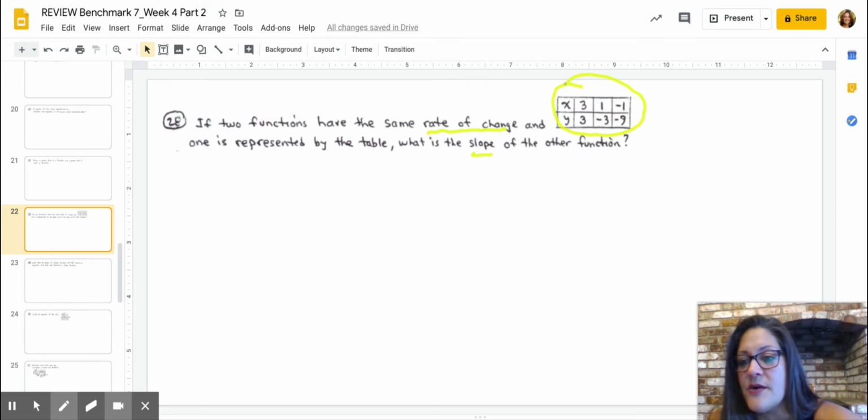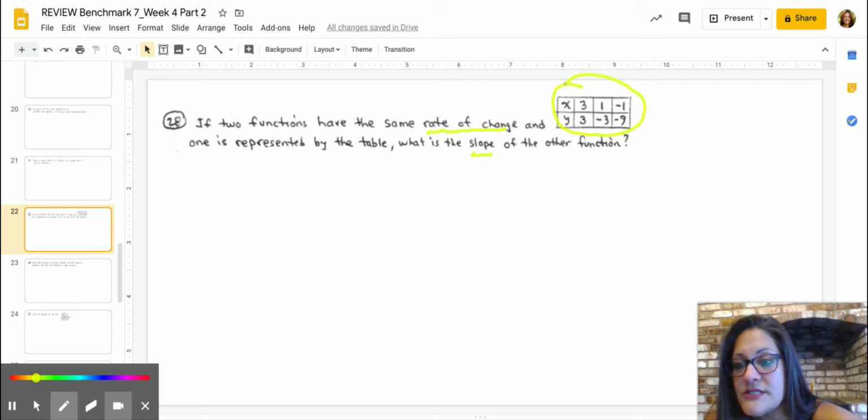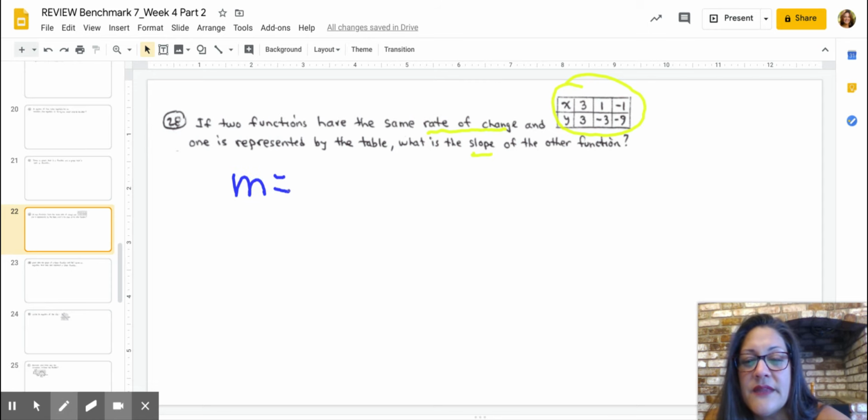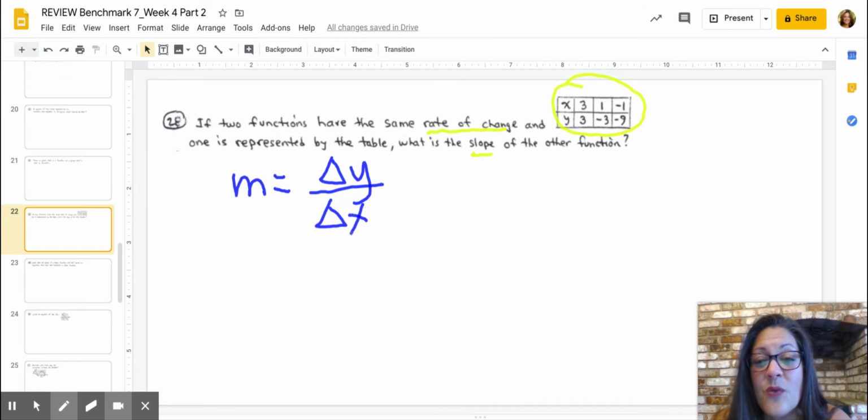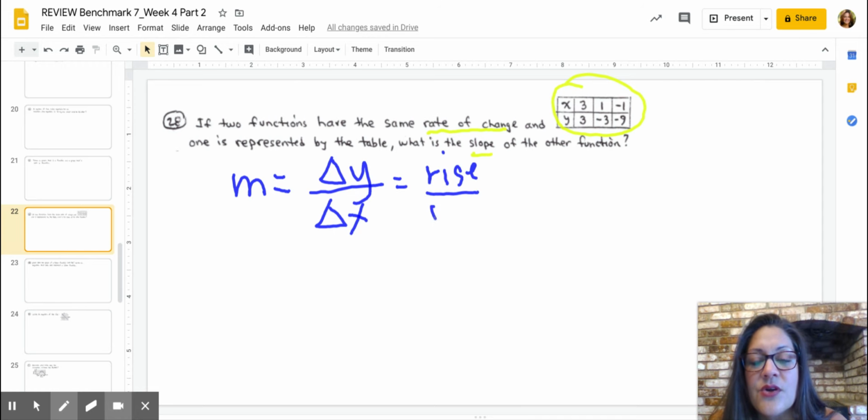Okay, so when we do slope, it is represented by m, and it's going to be the change in y over the change in x. Okay, so remember, rise over run.